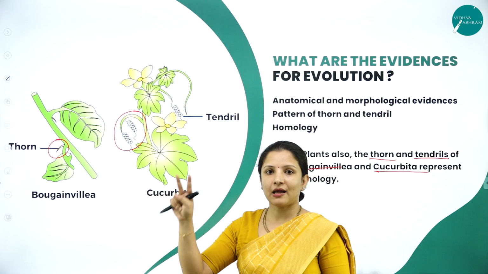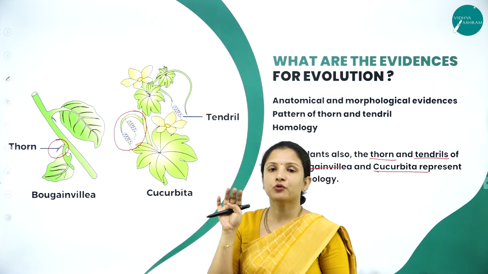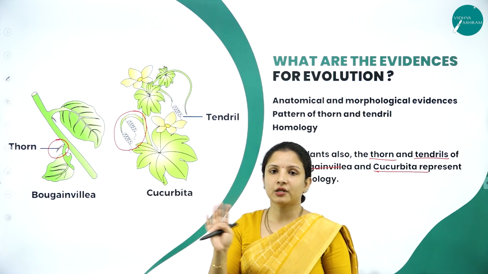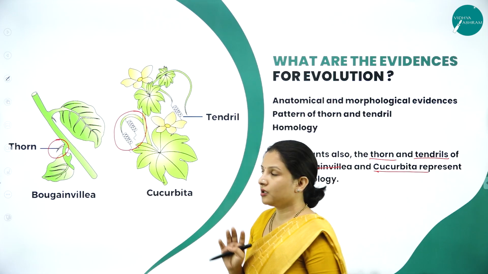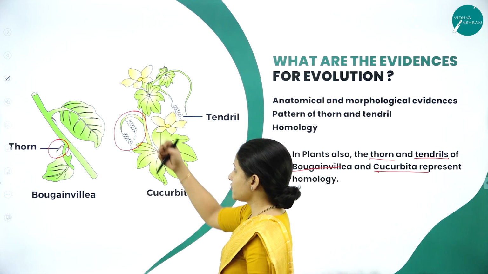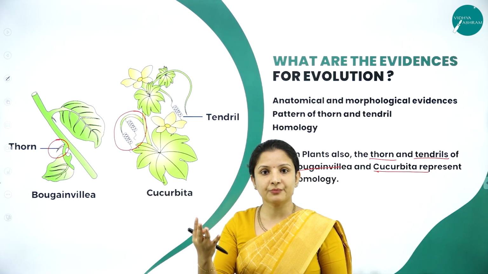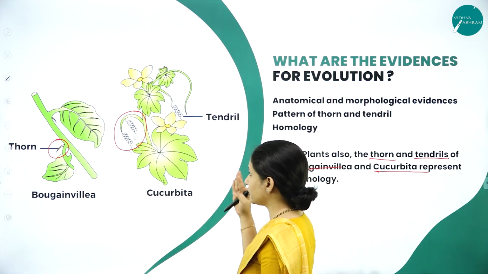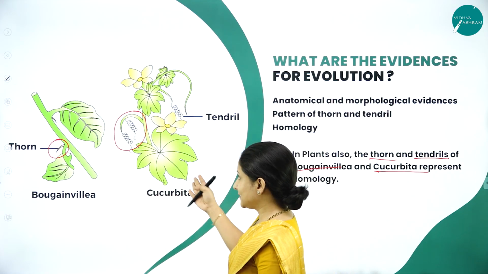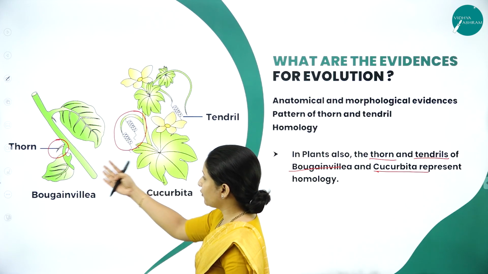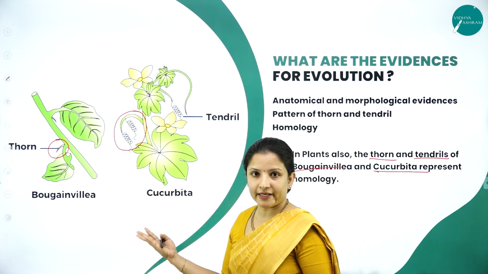Thorns help the plant in defense, that is to protect itself from the birds and the insects that come to feed on them, right? And the tendrils help the plant to climb or to hold on to something for support. So function is also different. So this says that maybe Cucurbitaceae and Bougainvillea members might be relatives. Why?